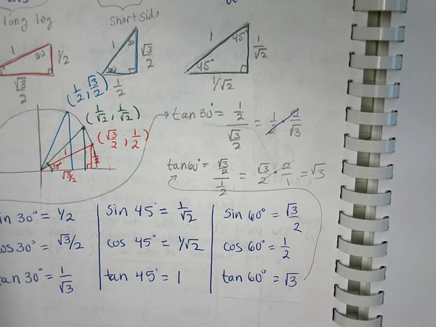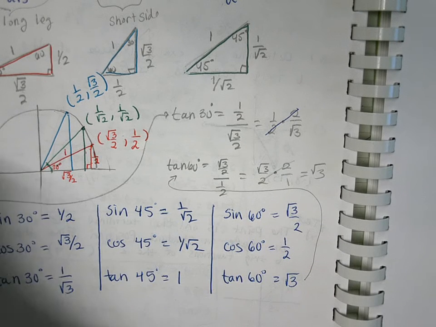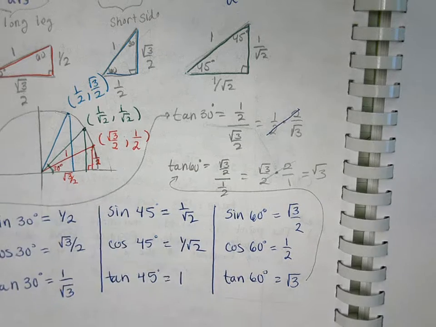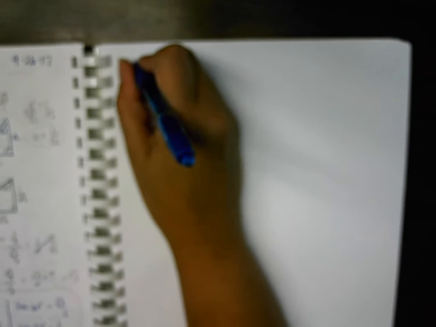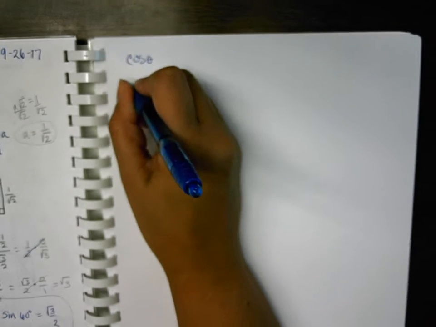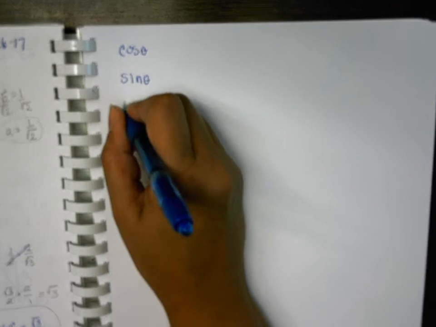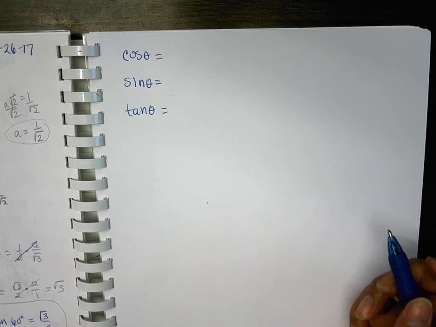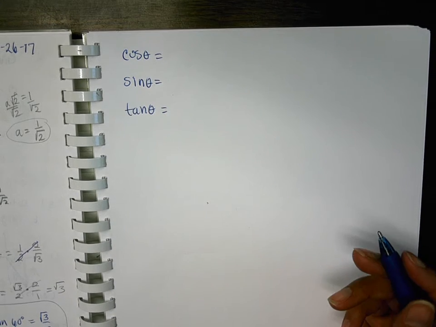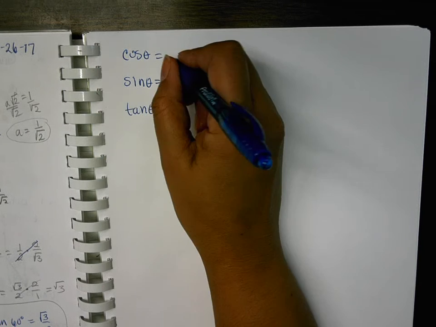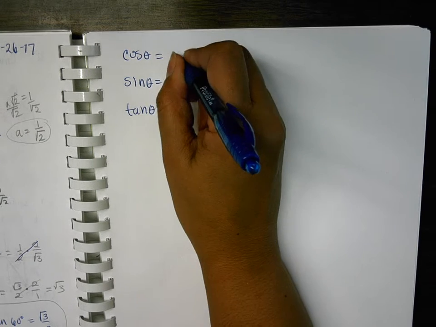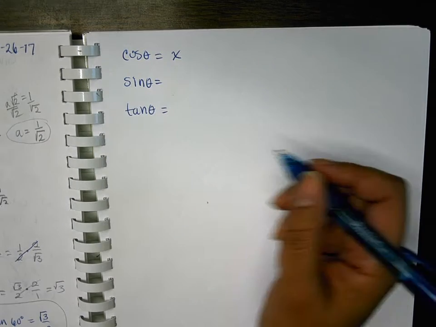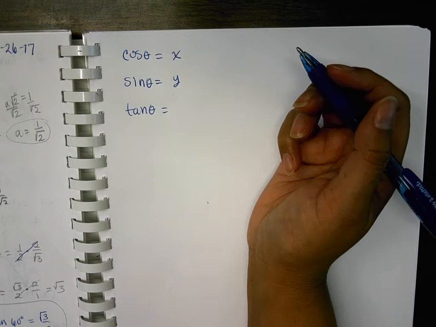Okay, so let's write that down over here. All right, so what would you say? Cosine of theta, sine of theta, and tangent of theta. Cosine of theta is what over what? I'm sorry, what letter? X. Sine of theta is what letter? And does anybody remember what tangent is?